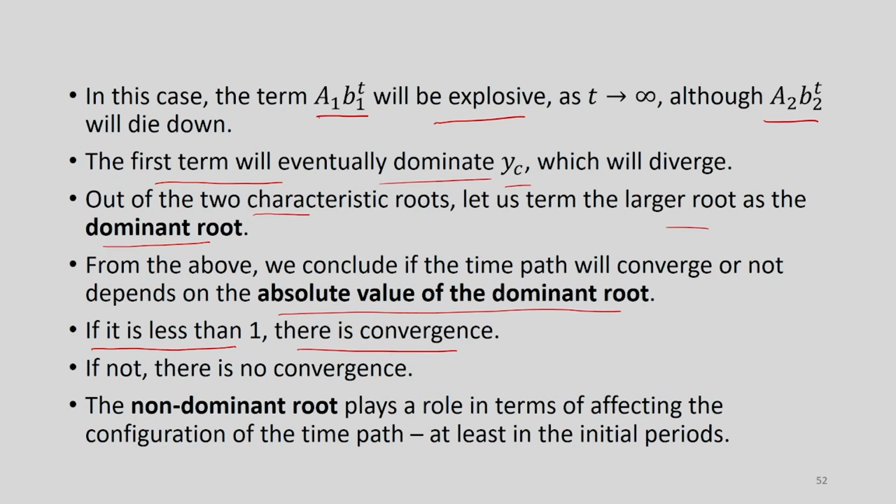Maybe it will not be able to affect the nature of y_c as t goes to infinity, because that is going to be determined by the dominant root, but this non-dominant root affects the configuration of the time path.